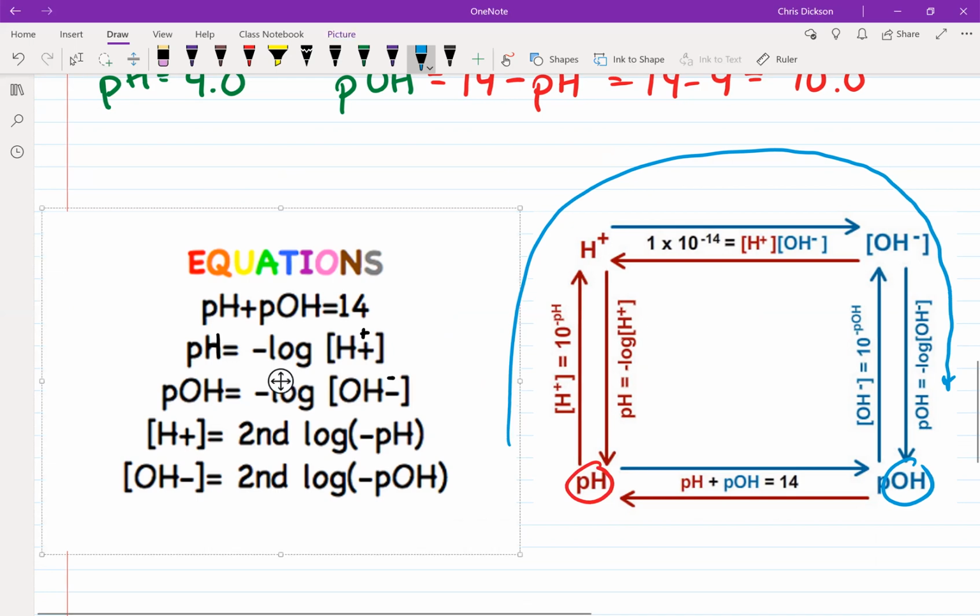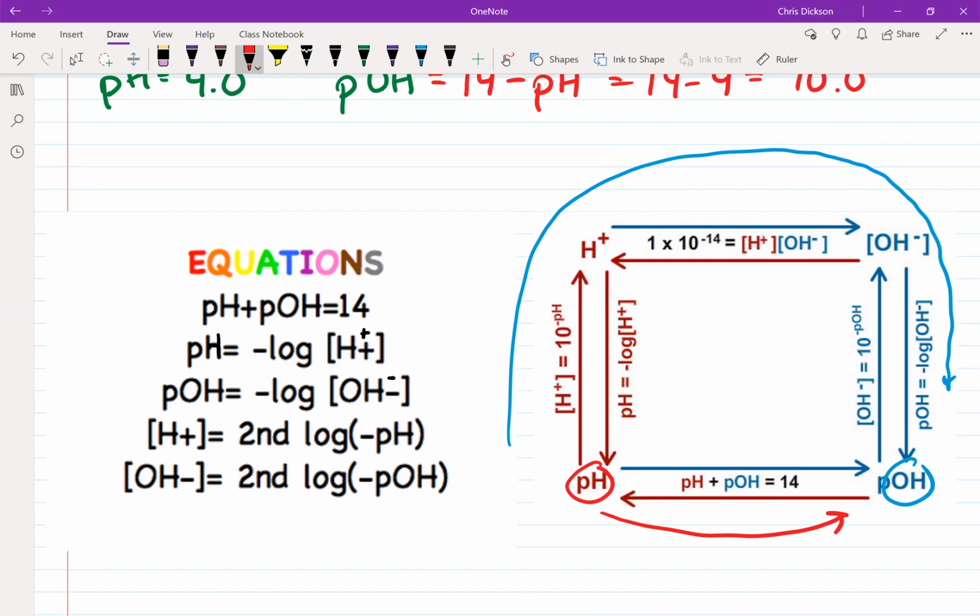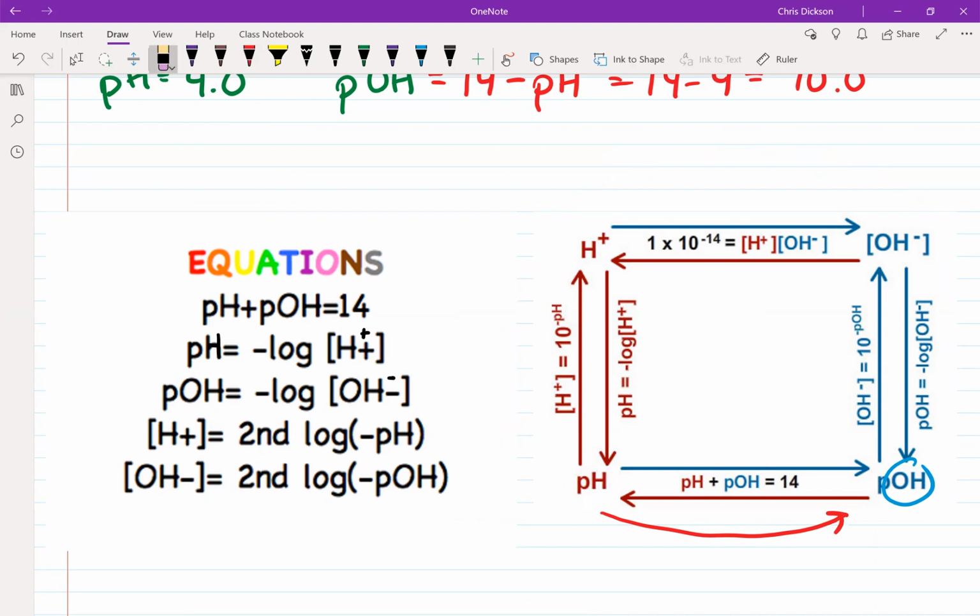But obviously, a much faster way is a single calculation: 14 minus the pH gives you the pOH. So this chart is really helpful to get your head around and know how to jump between the various quantities you're going to want to figure out.